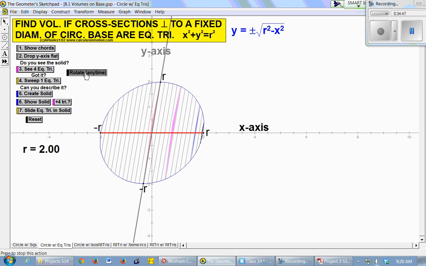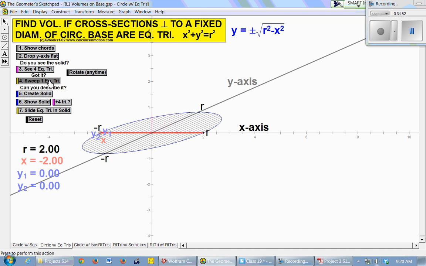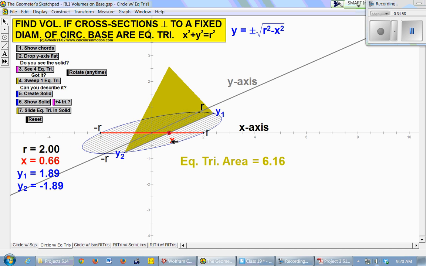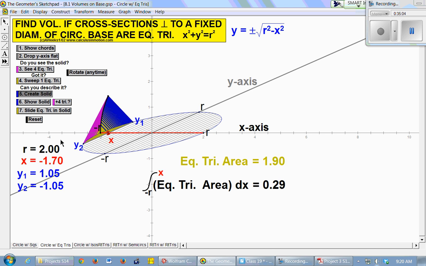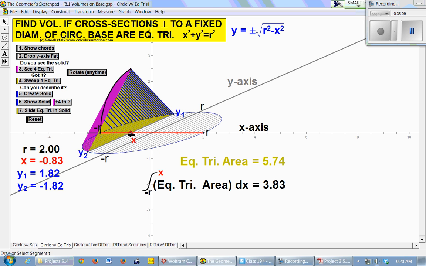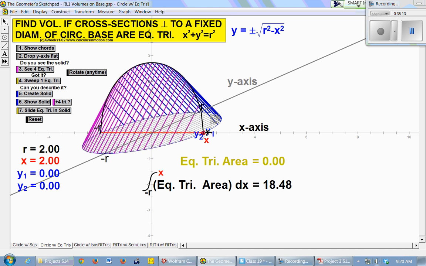Rotate that. You can see them. Sweep one through and try to get an idea from sweeping this through what the solid's going to look like. So there it is.